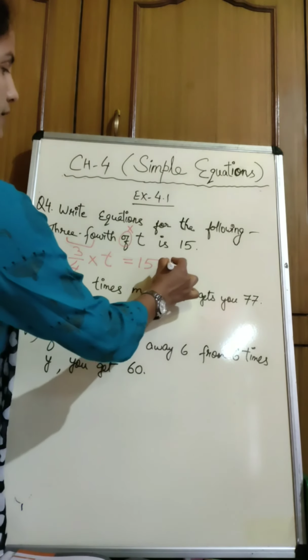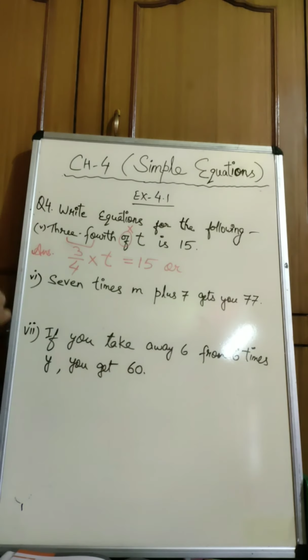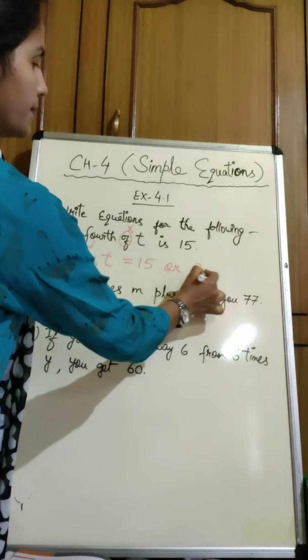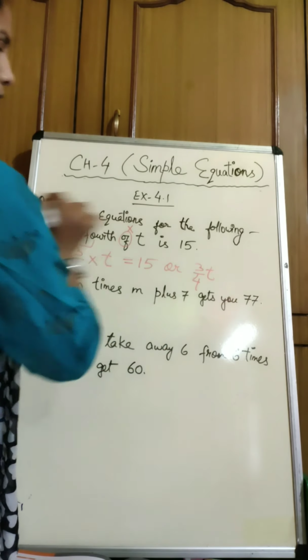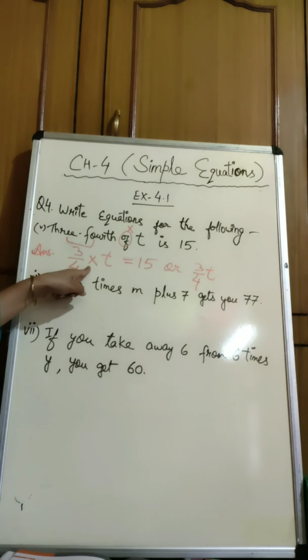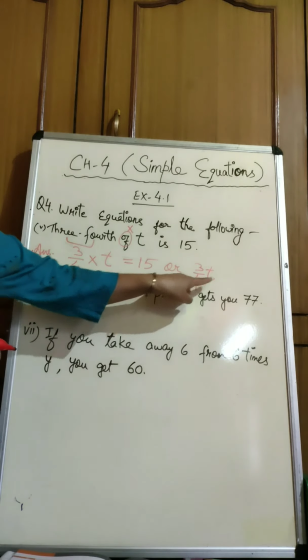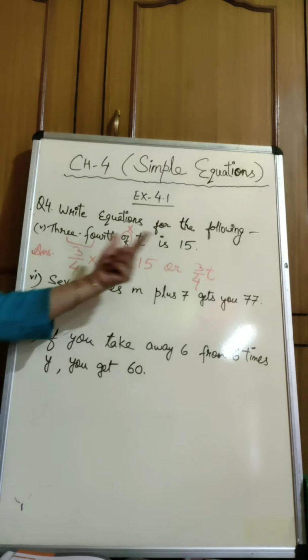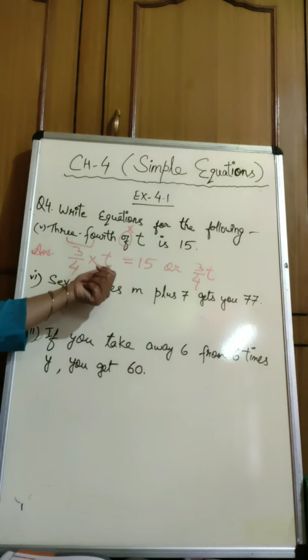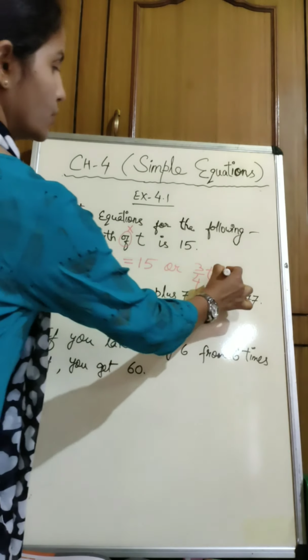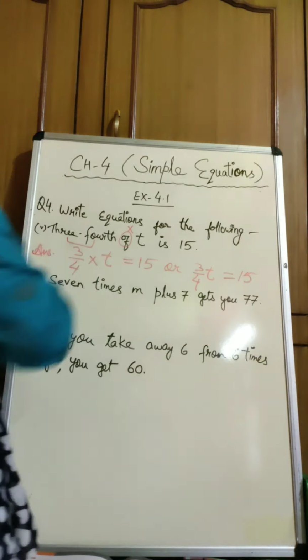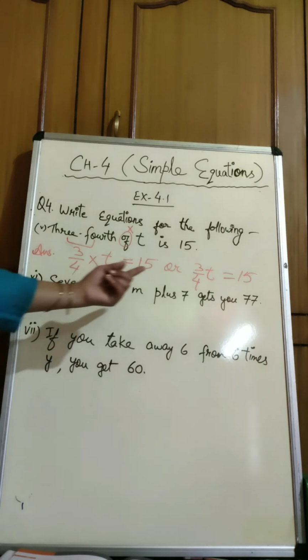Or we can write it as 3 upon 4 into t, meaning 3 upon 4t. We just remove this into sign. If we write 3 upon 4t, this is same as 3 upon 4 into t, and this is equal to 15. So this is the answer.